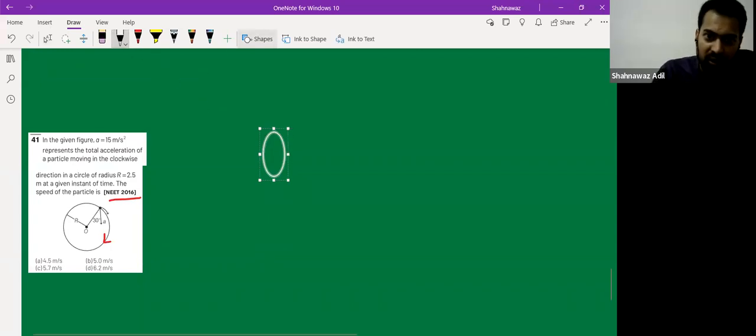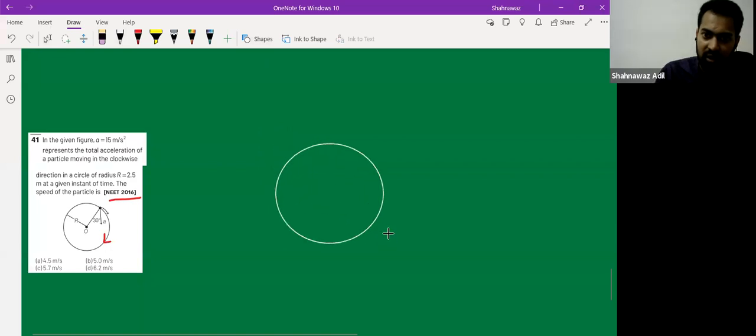Okay, delete this. Root 32.5. Let's just calculate, is it root of 32.5?